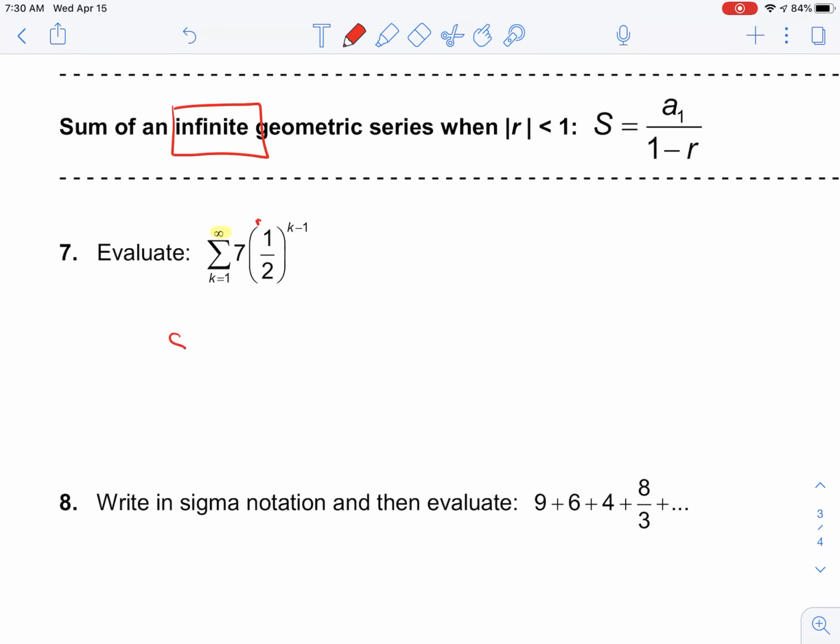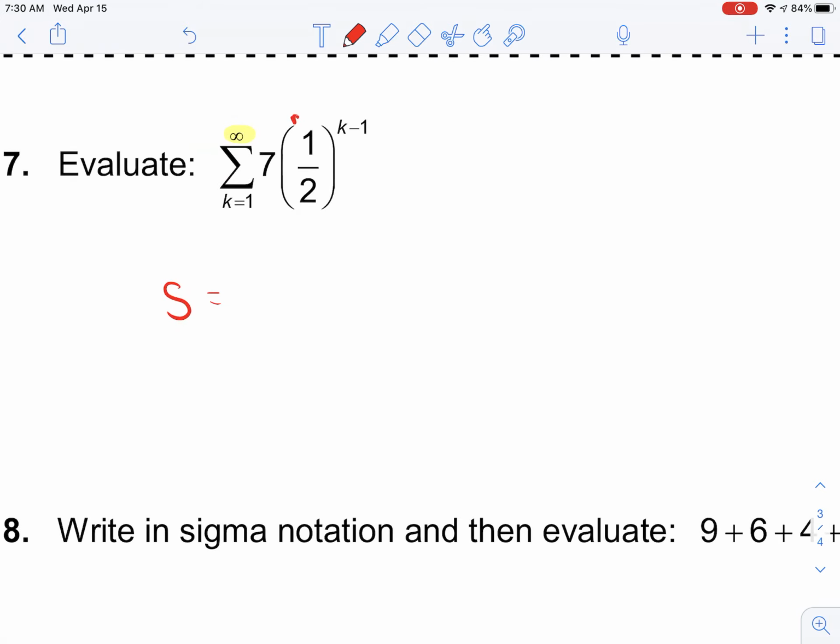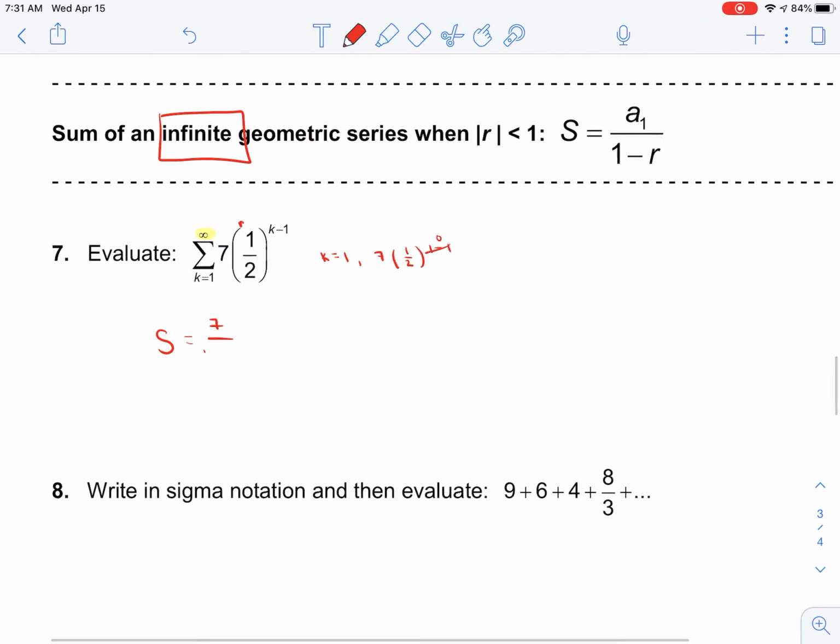If you want to find the sum of infinitely many terms, you're going to take the first term, which remember is like subbing in a 1 here, which would give us this value of 7. Because keep in mind, if you sub in k equal to 1, because that's the bottom number, you would get 7 times 1/2 to the 1 minus 1, which gives you that starting value of 7, and then over 1 minus the ratio. These problems are awesome.